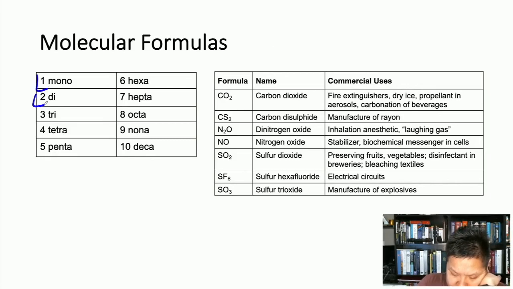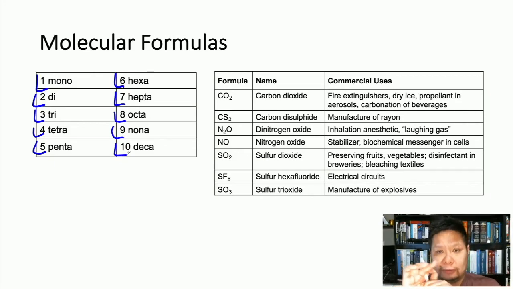If it's 2, it's di. If there's 3, there's tri. 4, tetra. 5, penta. 6, hexa. 7, hepta. 8, octa. 9, nona. And then 10, deca, right? And that prefix that distinguishes the number of each element, right, goes on both the nonmetals that are in the compound.